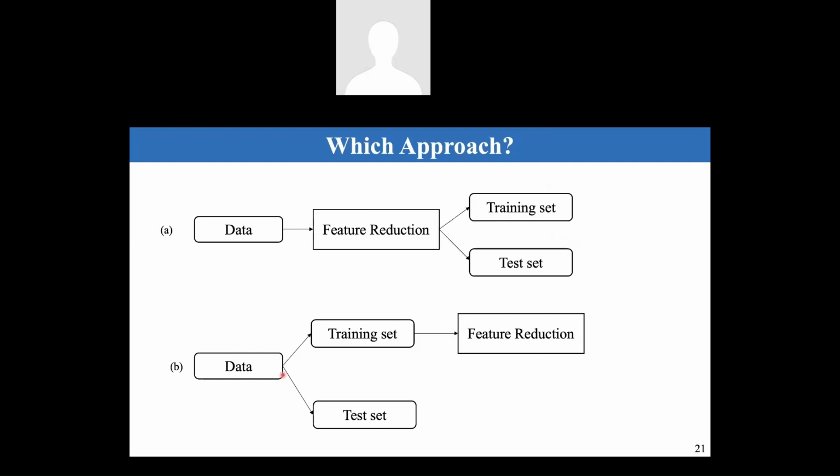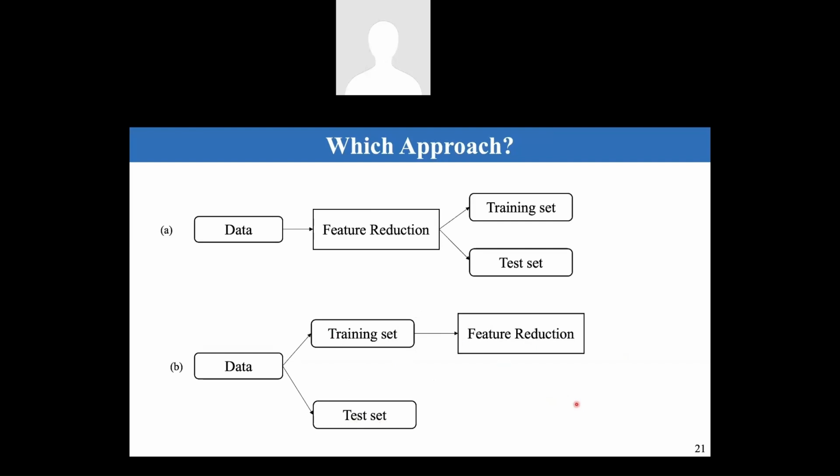When I have a data set, I split it into two parts, a training set and a test set, and then perform the feature selection only on the training set. After I get the set of features based on the training set, I transform the training set and the test set using only that set of features, train the model, and get performance on the test set. So those are the two main ways.